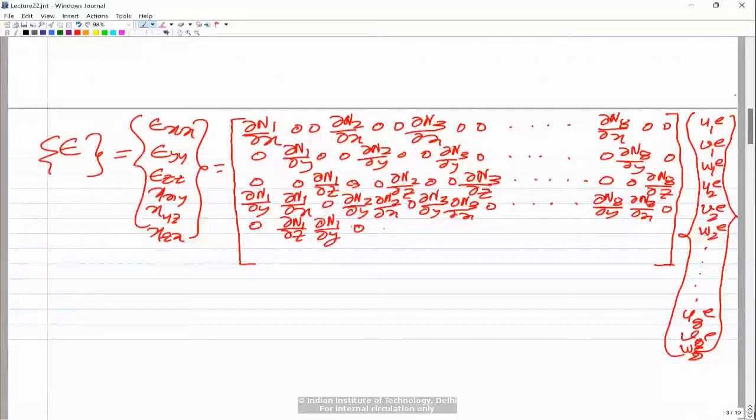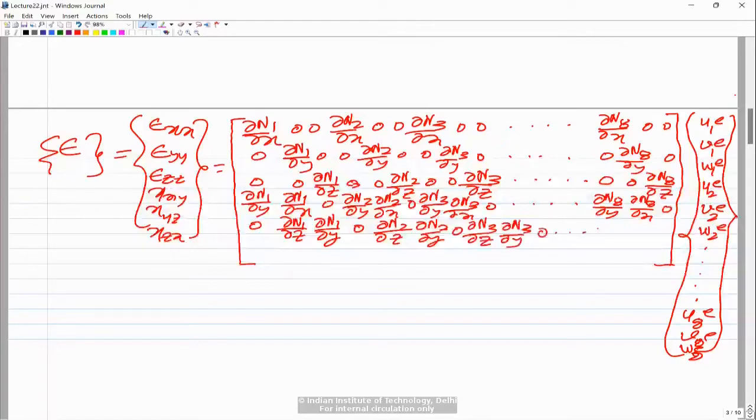Then 0, del n2 by del z, del n2 by del y, and then again 0, del n3 by del z, del n3 by del y, 0, and so on.